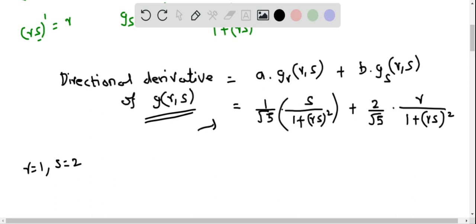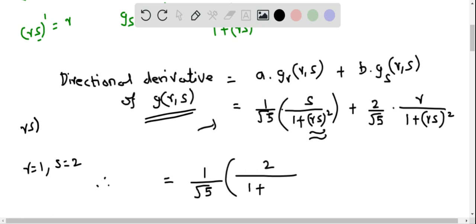So the directional derivative at the point 1 comma 2 equals 1 over root 5 times 2 divided by 1 plus rs quantity squared. With r equal to 1 and s equal to 2, 1 times 2 is 2, and 2 squared is 4.